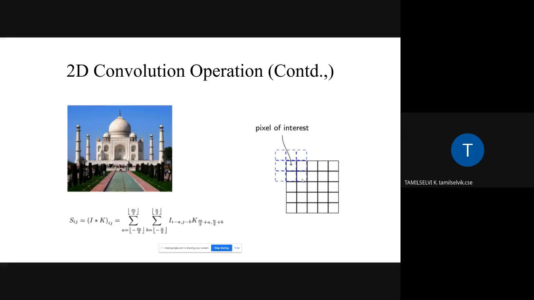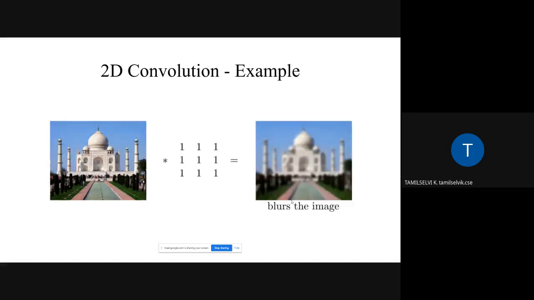So if you want to find the pixel of interest, you have to search for your neighbors on all sides. This is how you go with the 2D convolution operation. Next, this is my kernel, and I am placing my kernel here. Based on the weights of the kernel, your image will change.